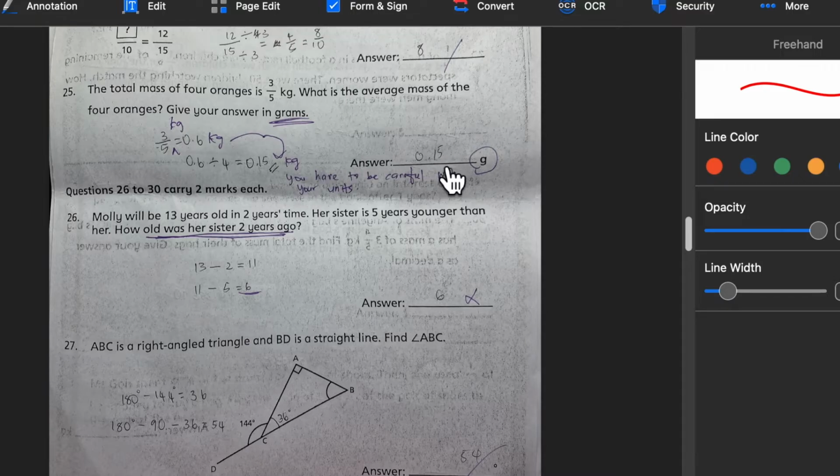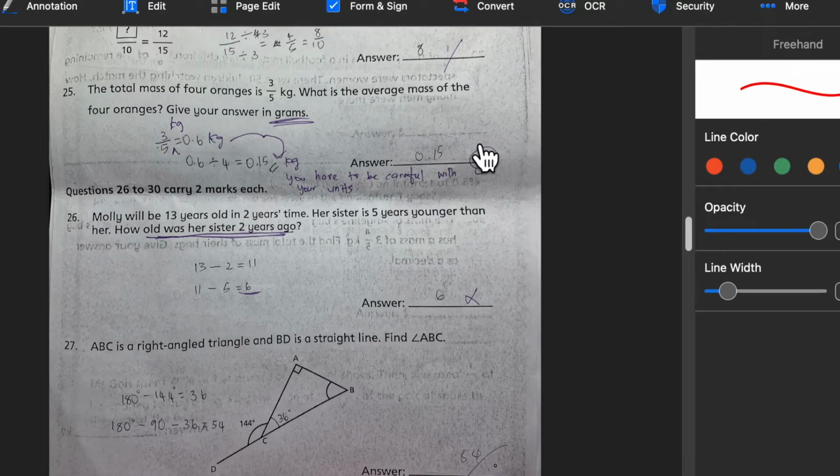Then how do you convert it back to gram? You have to times 1000. Correct or not? And because you didn't write all the units, you are confused already. So the answer will be 150 gram.